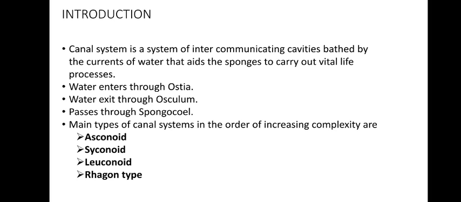If you recall, when we were discussing the general features of Porifera, we said that the name Porifera is given because it has numerous pores, and those numerous pores on the body wall are called ostia. We also said that there is a larger opening called the osculum.